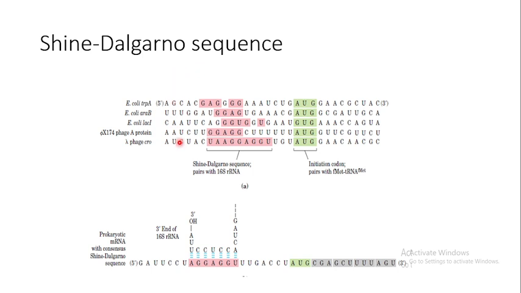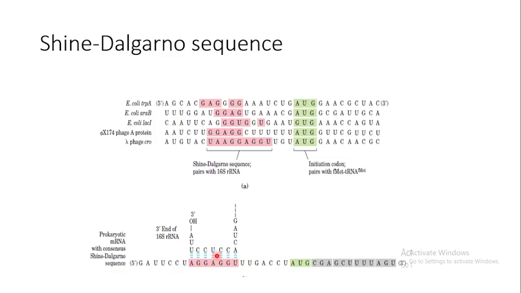So when those have to be expressed in the form of protein, they have different Shine-Dalgarno sequences, right? And this is the prokaryotic mRNA with the consensus Shine-Dalgarno sequence, which is AGGU, which can recognize or base pair with the 3' end of the 16S ribosomal RNA, right?